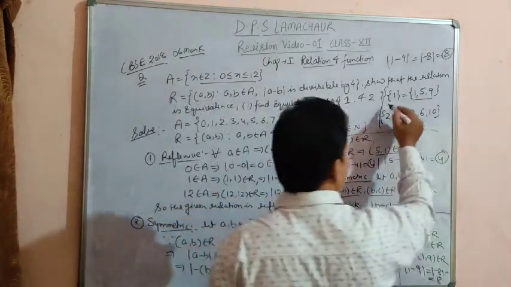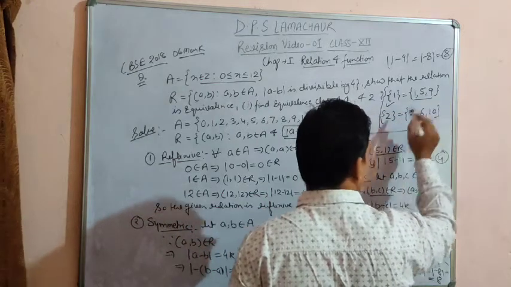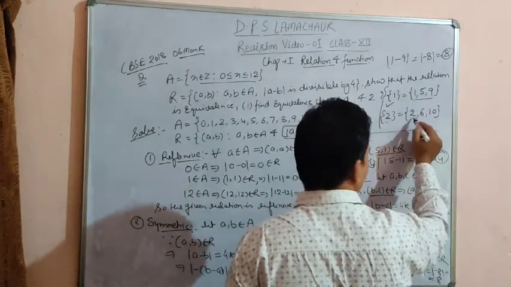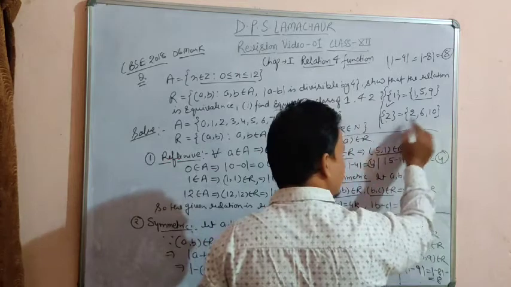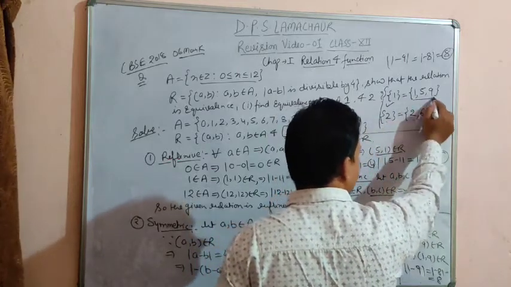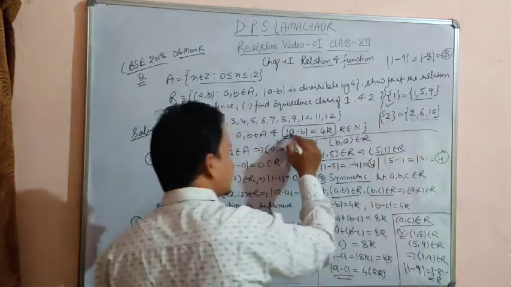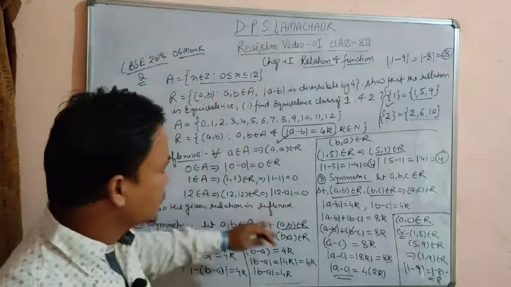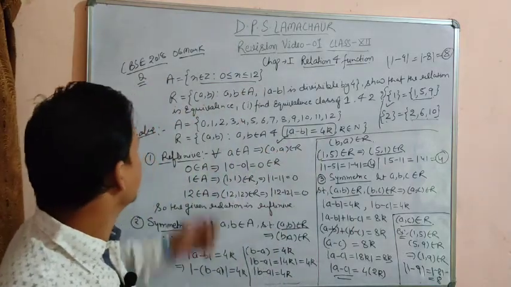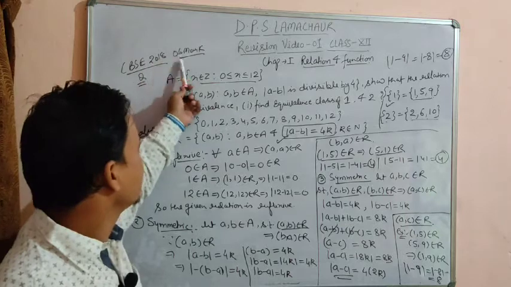So the equivalence class related to 1 will be 1, 5, 9 and the equivalence class related to 2 will be 2, 6, 10. Because these elements are related to 2 and those elements are related to 1 by this relation. So this is the complete solution of this particular question which came in CBSE 2018 for 6 marks.